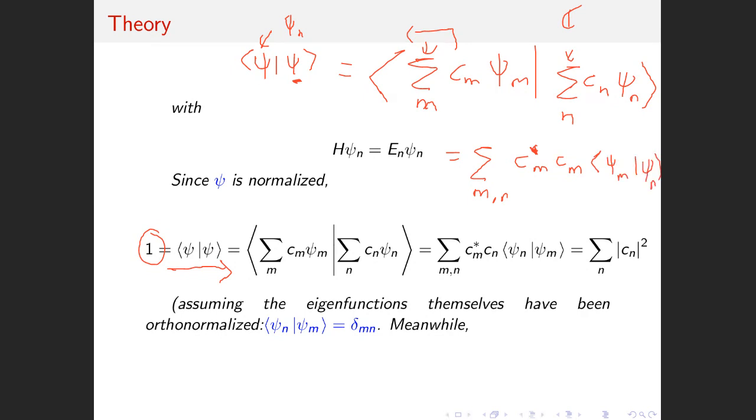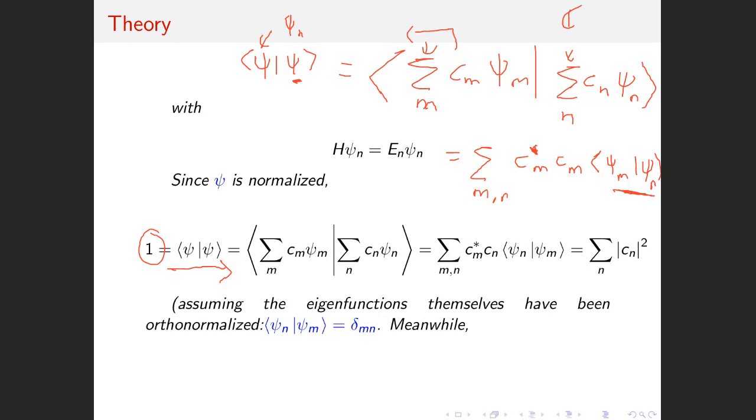And what is this? These vectors are eigenfunctions of your Hamiltonian, and even though you don't know them, you always assume that they are orthonormal.